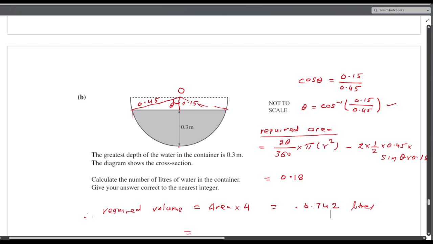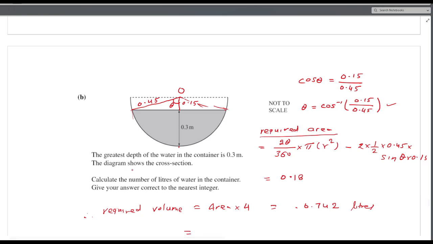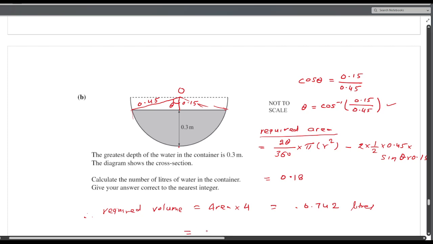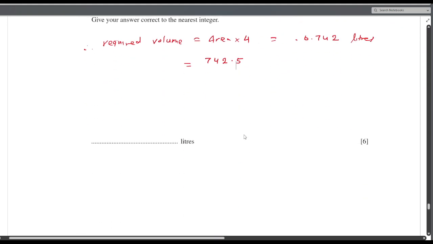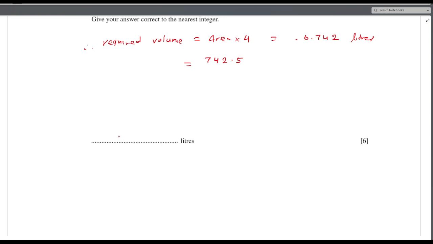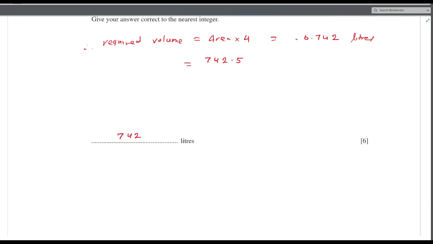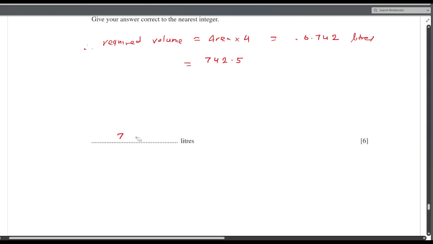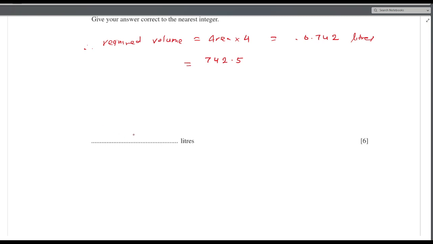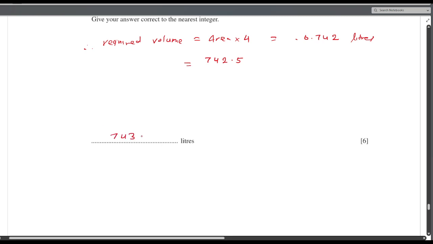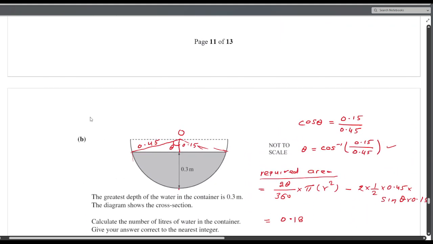So the answer in liters will be 742.5 liters. Actually I should write up to three significant figures. In three significant figures, it is 743 liters. Okay.